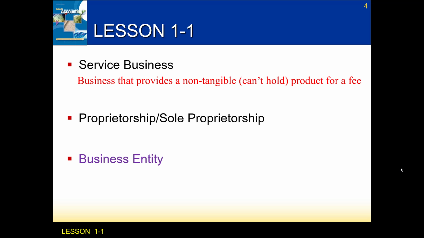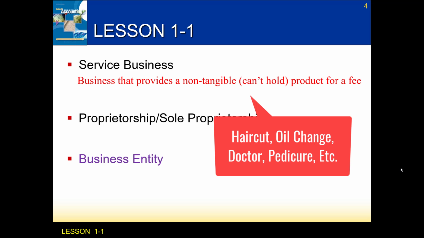So some really good examples of a non-tangible product would be like a haircut. I can't hold the haircut. I'm paying money to get the haircut, and that's a service. Or an oil change, a visit to the doctor, a pedicure, or a manicure. Those are all services. So when we practice doing all these accounting things, we're going to do it under the guise of the fact that we would own a service business.